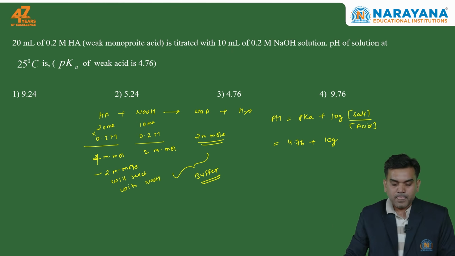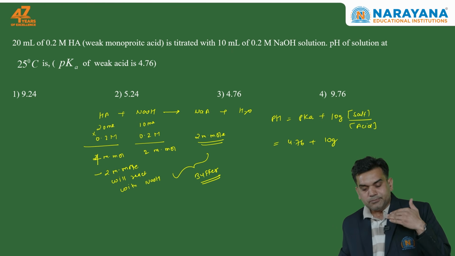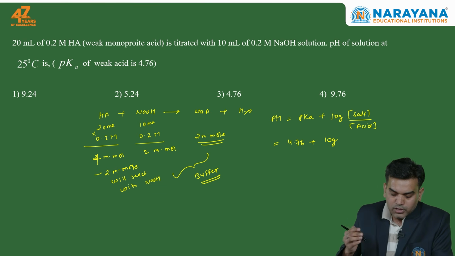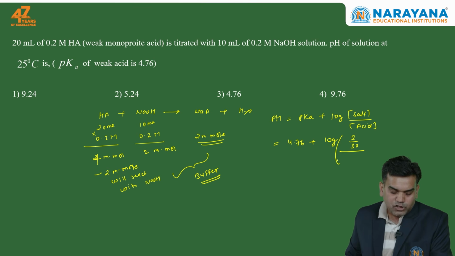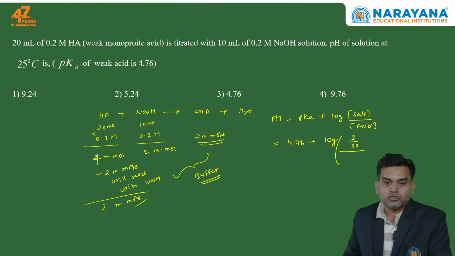The concentration of salt will be the moles of NaA divided by the total volume, so 2 by 30, divided by the concentration of acid. Out of 4 millimoles, 2 millimoles have reacted, so the amount of acid remaining is 2 millimoles.